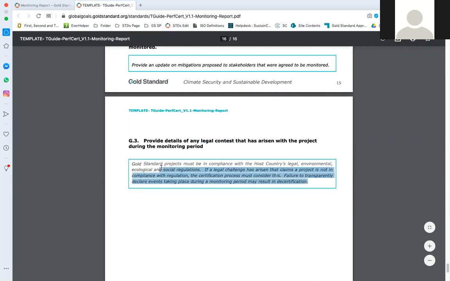How the guidance was previously written didn't make it fully clear to project developers that if you don't tell Gold Standard or SustainCert that there have been legal challenges, that itself is a non-conformity. It's not okay to forget that these things are happening in a project. So a bit more guidance, a bit more transparency.